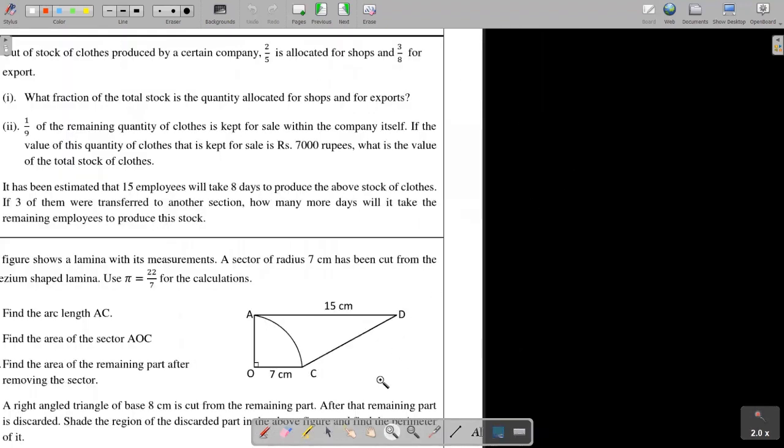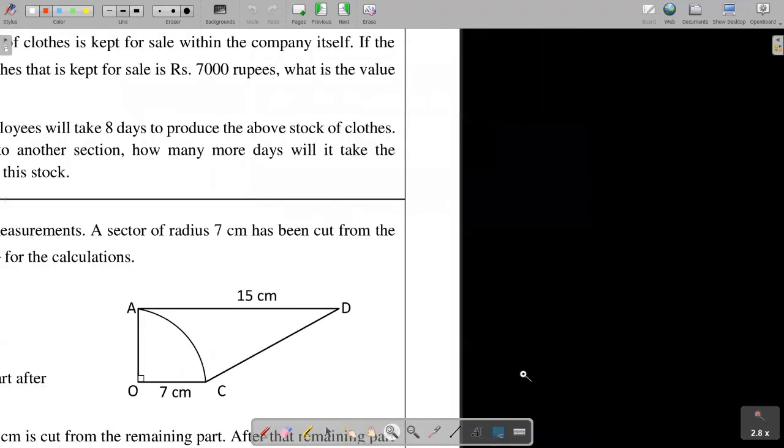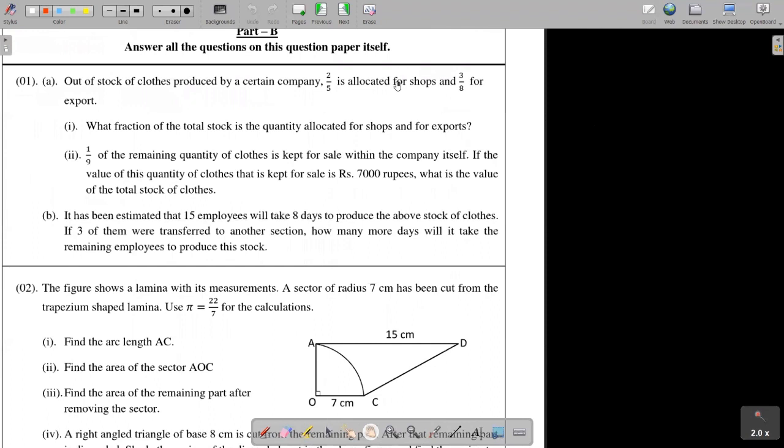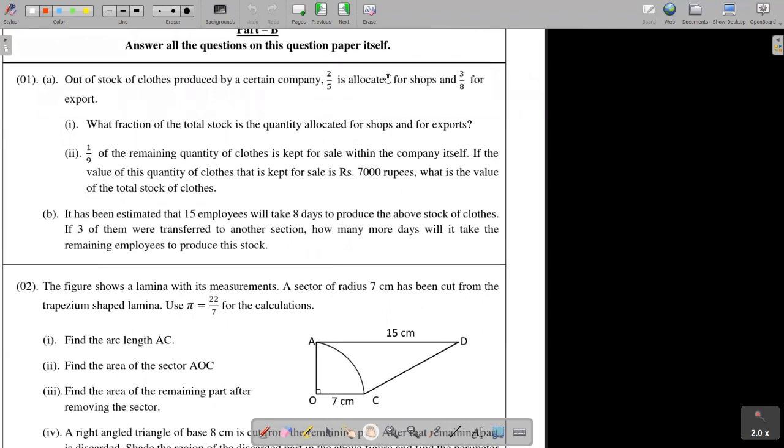Out of stock of clothes produced by a certain company, 2/5 is allocated for shops and 3/8 for export. Right. 3/8 for export.